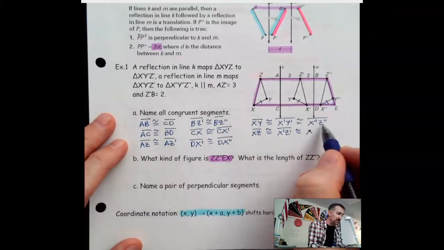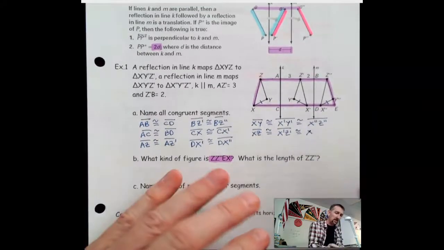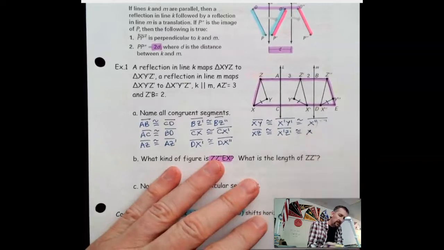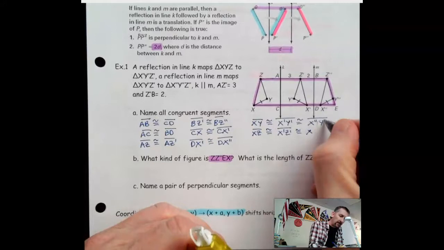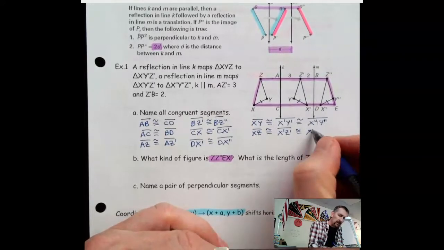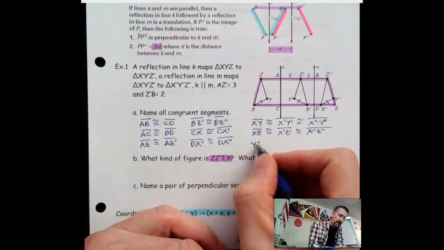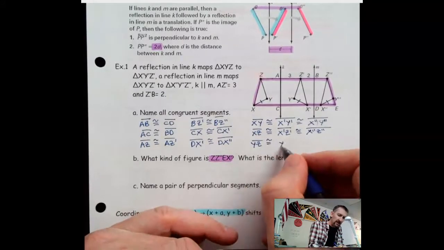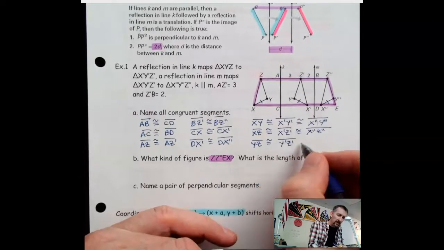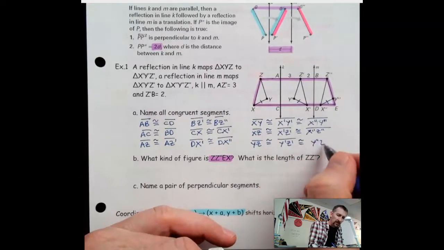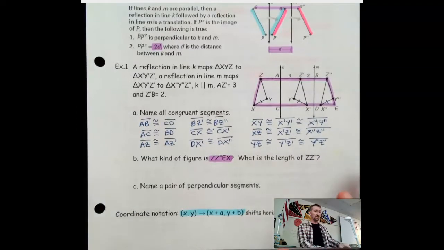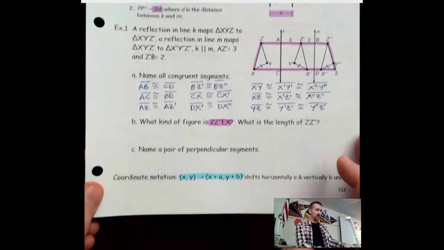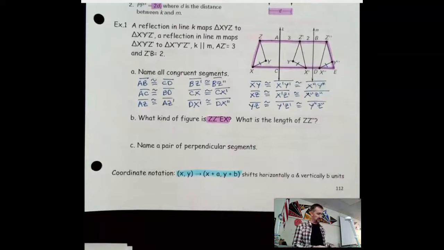And I messed up there, that should be a Y. Y double prime. And this one should be Z double prime. And then finally, segment YZ, Y prime Z prime, and Y double prime Z double prime. Okay, so that was kind of cumbersome listing all that stuff out, but not that big of a deal.